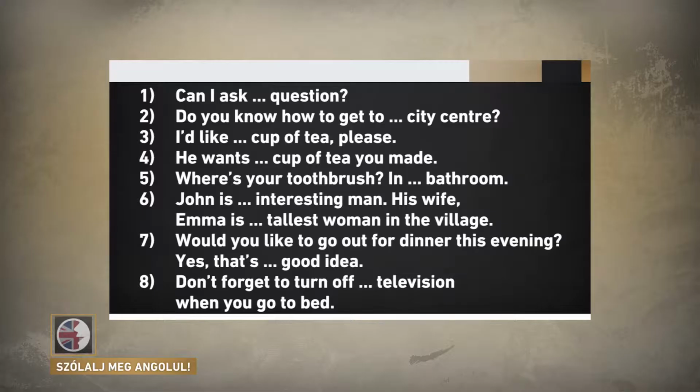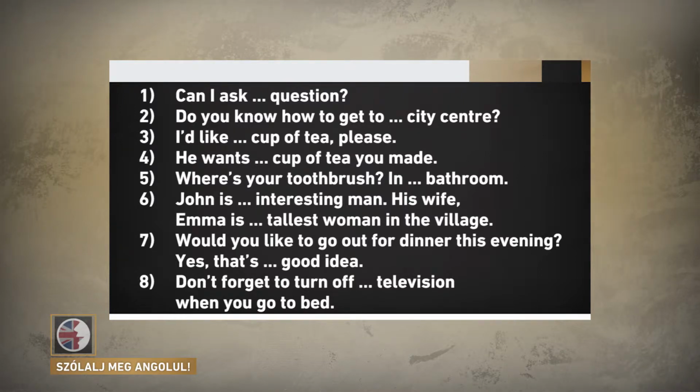Okay, so now let's see if we can complete the sentences correctly using either the definite or indefinite articles. Number 1, can I ask question? Number 2, do you know how to get to city centre? Number 3, I'd like cup of tea, please. Number 4, he wants cup of tea you made.